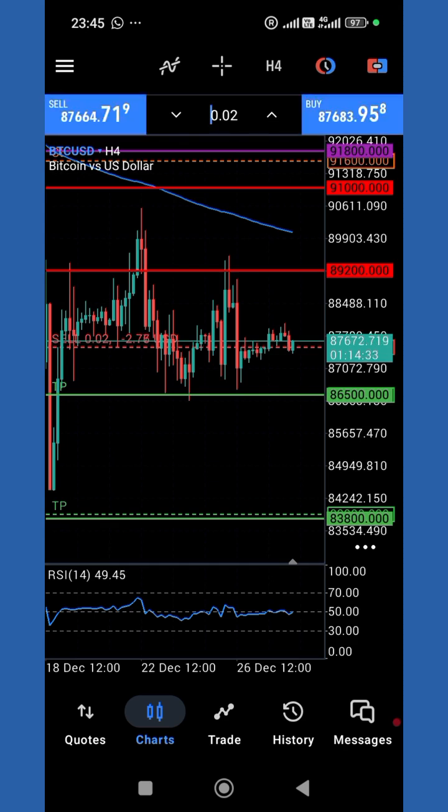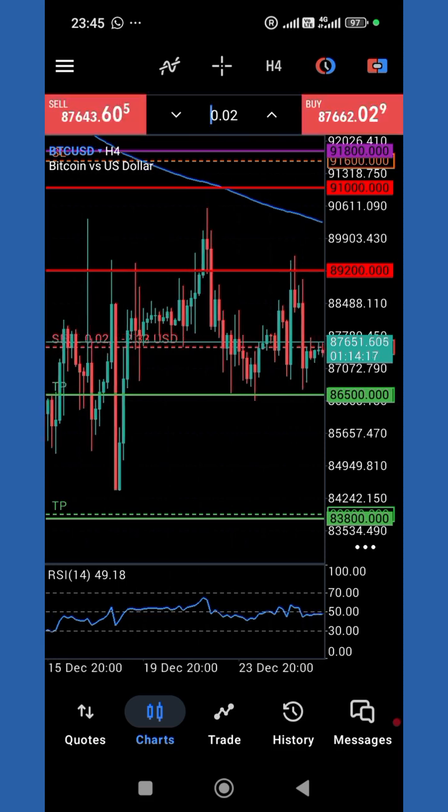Okay, now the next thing that remains is, for me, all those areas that I showed to you, they are not just ordinary areas. They are still sell zones, okay, not buy zones as they are.